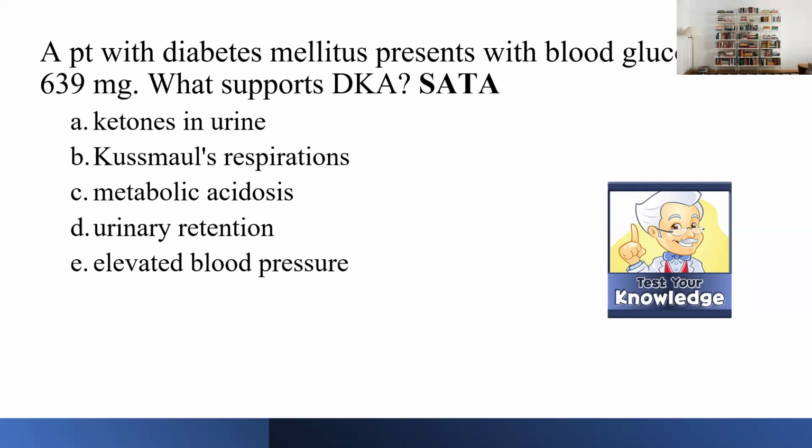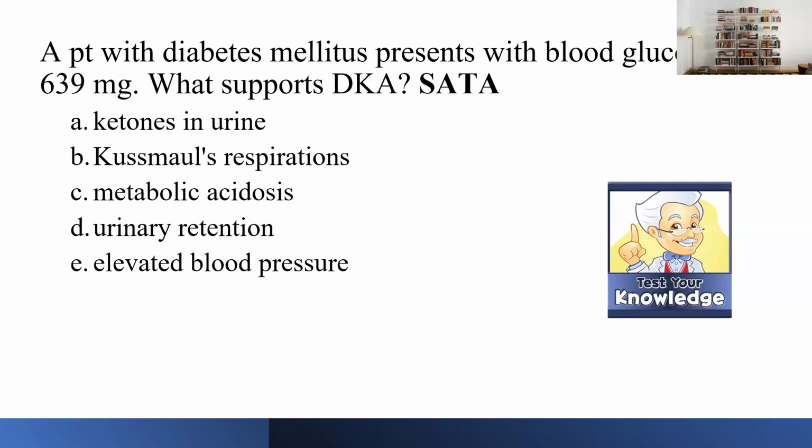Okay, very good. You all got it correctly. So we just said that DKA usually does not increase above 400. But it says over here, a patient with diabetes with a blood glucose of 639. What supports DKA? So despite that fact, what would make it a DKA?